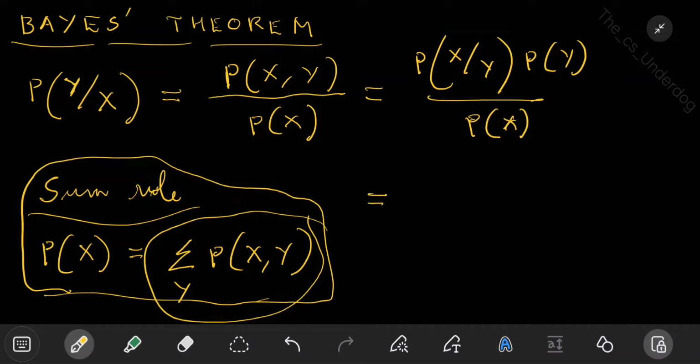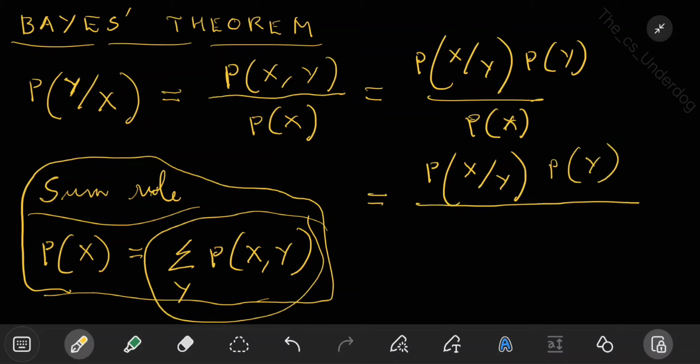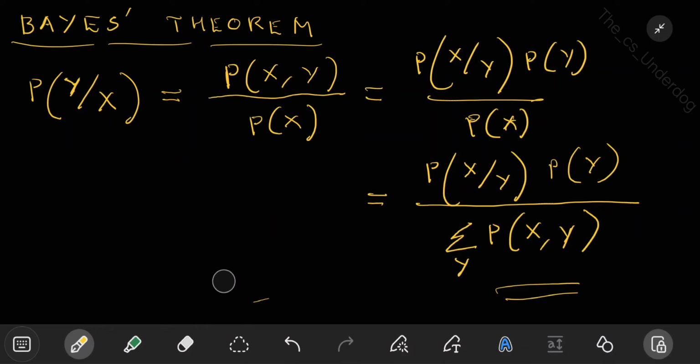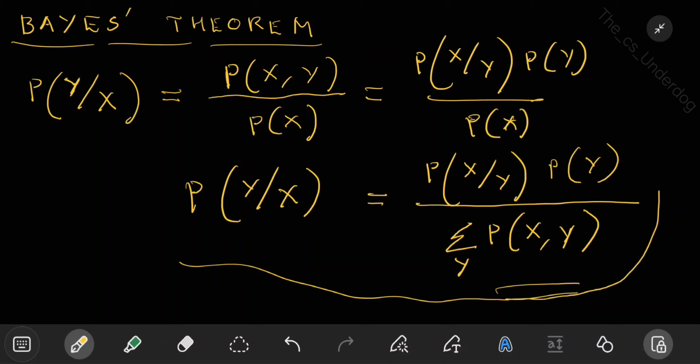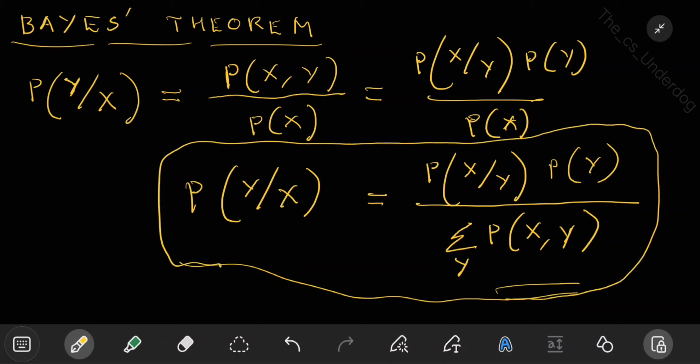I'll write the numerator as it is, P of x given y into P of y, divided by the summation over all y of P of x, y. So we used the product rule and the sum rule to reach this. Bayes theorem says probability of y given x is probability of x given y into probability of y divided by the summation over all values of y of P of x, y.